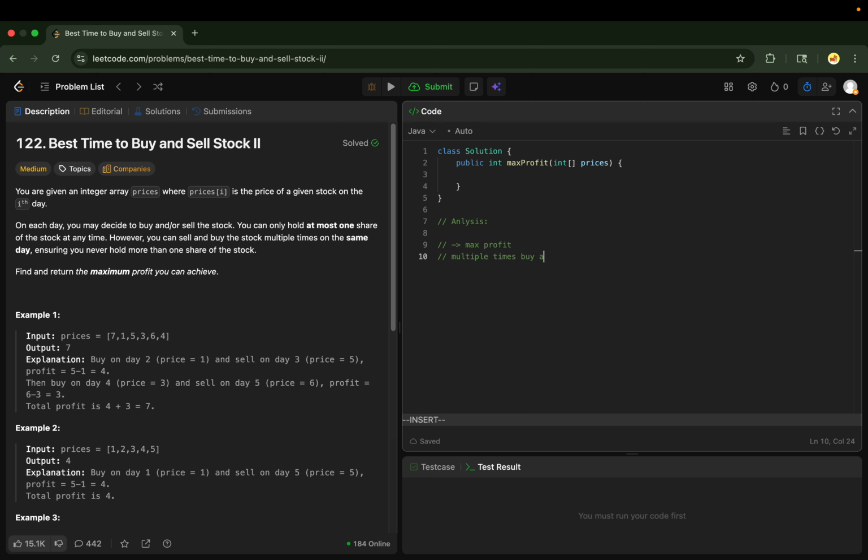Okay, this is the condition. So we can take this example and think about it in this way, right?